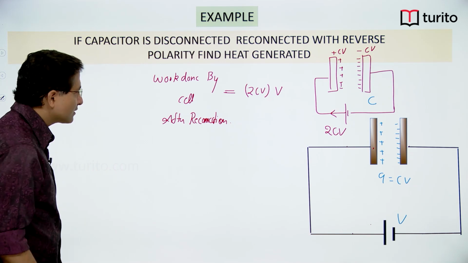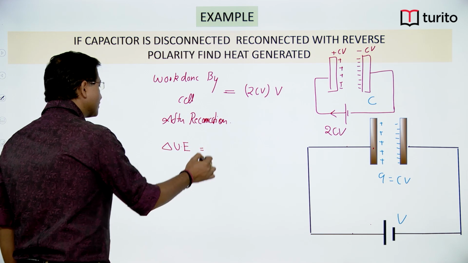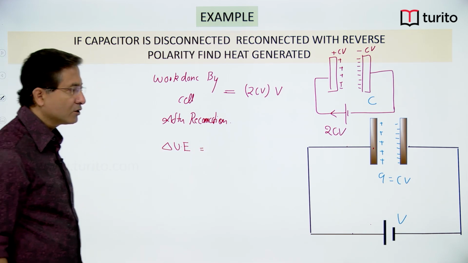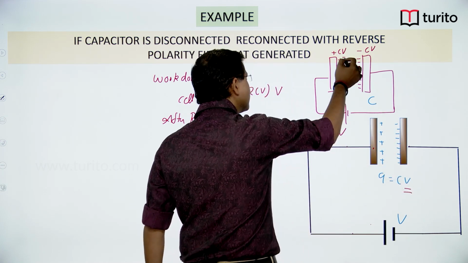If I ask how much is the change in potential energy, or change in the energy stored in the capacitor. So, earlier the charge was CV, now also the charge is CV.